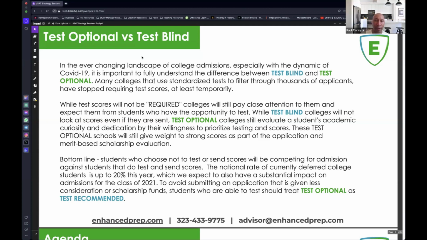I'll jump down to the bottom part. Bottom line, students who choose not to submit test scores will be competing against students who did. The national rate of currently deferred college students is around 20% this year. We expect a substantial impact on admissions for these various classes.